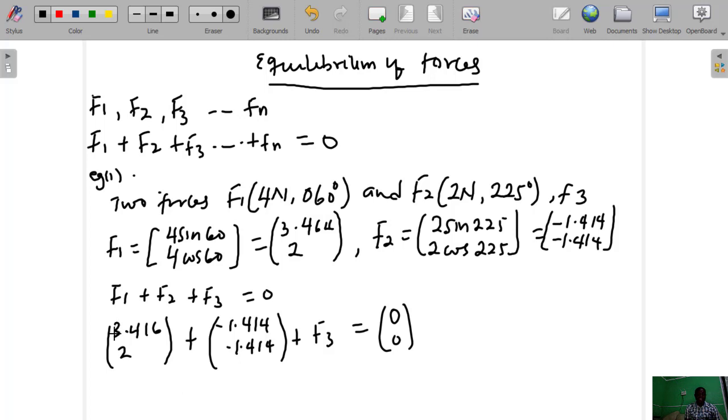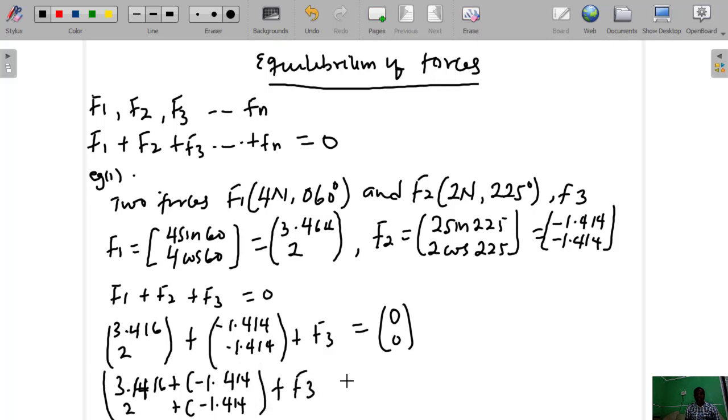So we add these two forces: 3.464 plus negative 1.414, then 2 plus negative 1.414, plus F3 should give us the 0 vector.